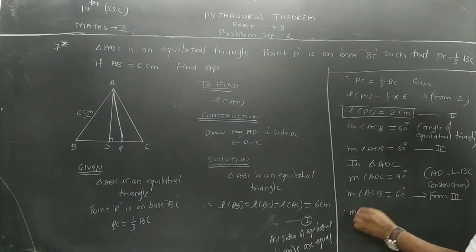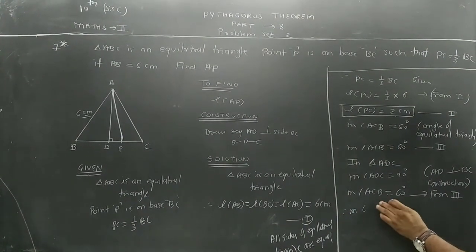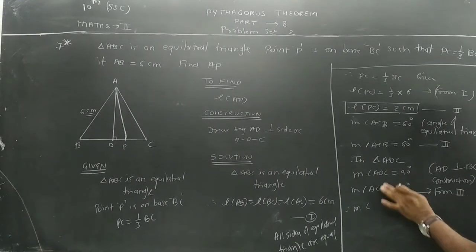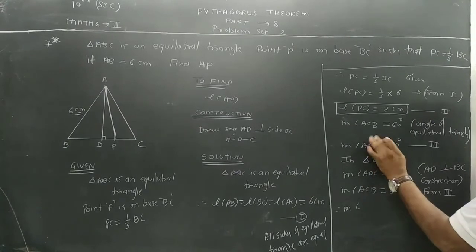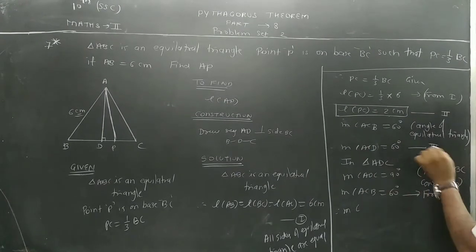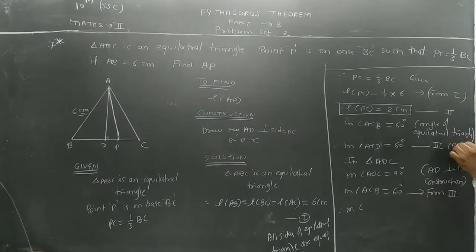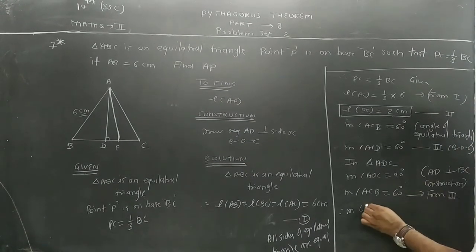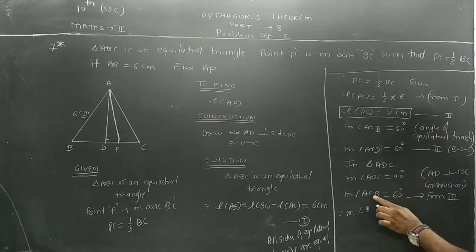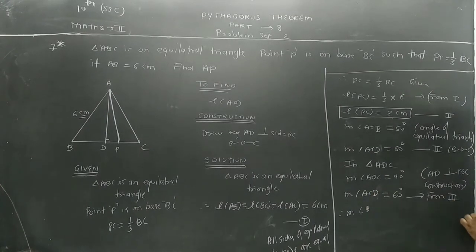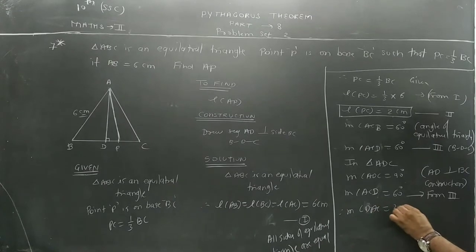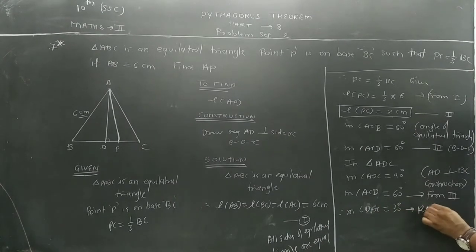So we can write ACD also. It makes no difference because B, D and C are collinear points. So angle ACD is 60 degrees. Therefore, angle DAC is equal to 30 degrees.